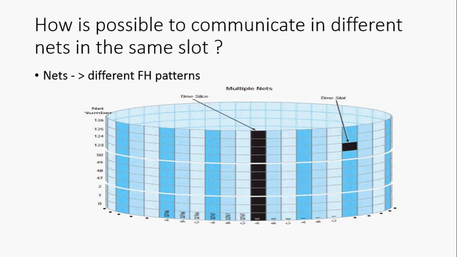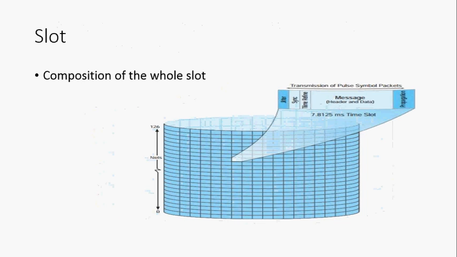So then, with all the explanation before, we have all the components inside a time slot, which are the synchronization, the time refining, the message header and data, the jitter, and the propagation.